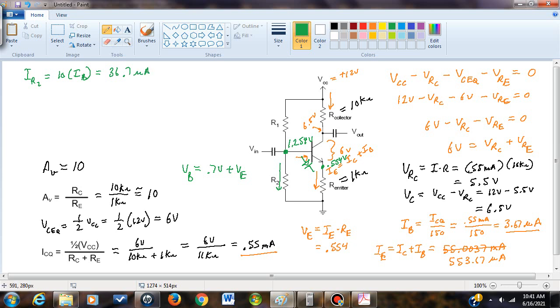And since this current here is 36.7 microamps, we can figure out what R2 is, because by Ohm's law, resistance is voltage over current. The voltage at the base of the transistor in respect to ground is VB, and VB was found to be 1.254 volts. And we're going to divide that by the current flowing through R2, which is IR2, which is 36.7 microamps.